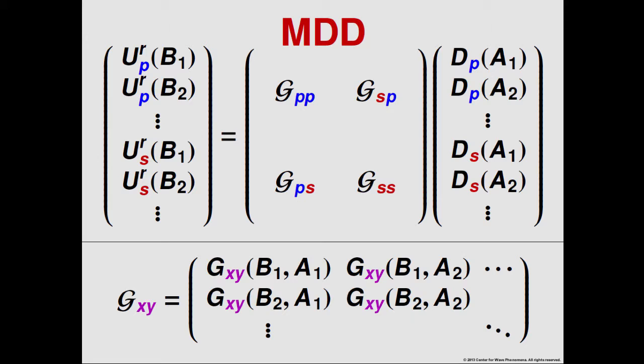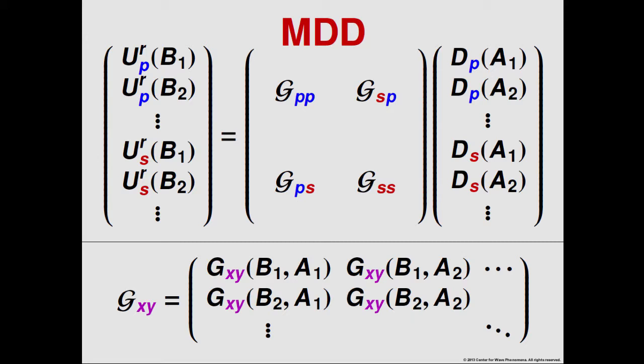Here, the curly G is the matrix of the Green's function as shown at the bottom of this slide. X and Y are either P or S waves. Using wave field decomposition and time windowing, we already obtain reflected upgoing waves and downgoing waves. Therefore, we can solve this equation for estimating the Green's matrix.